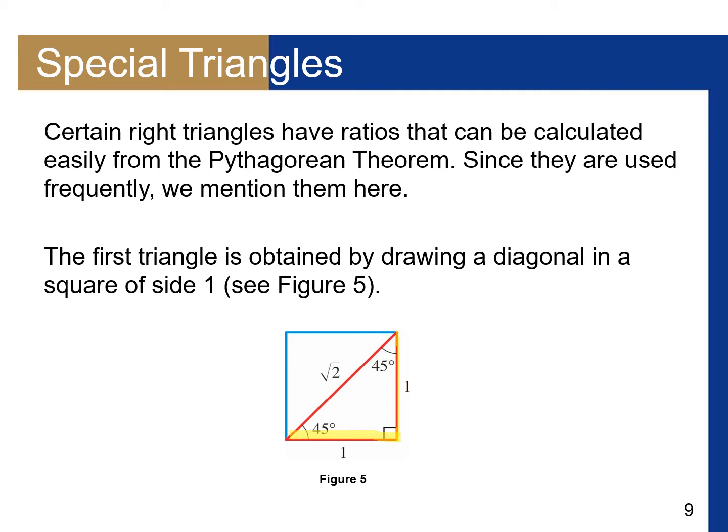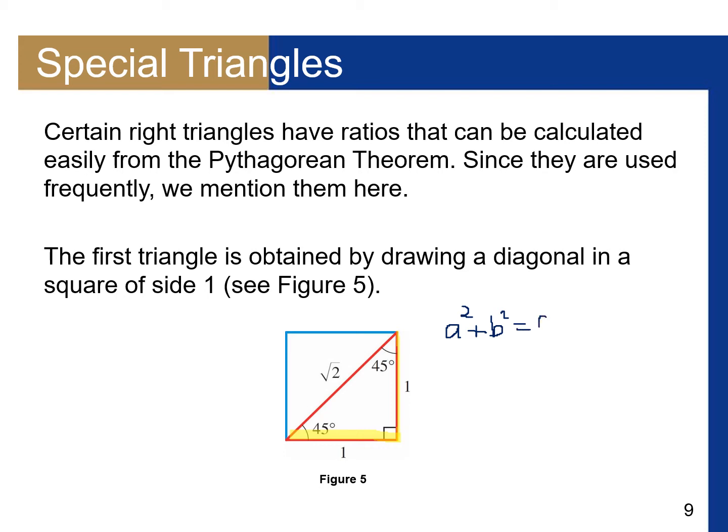So how did I do that? Well, you know Pythagorean theorem is going to be your a squared plus b squared equals our c squared.